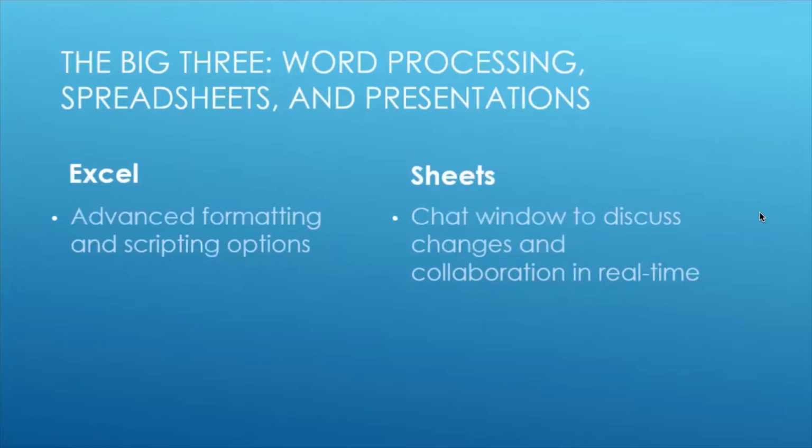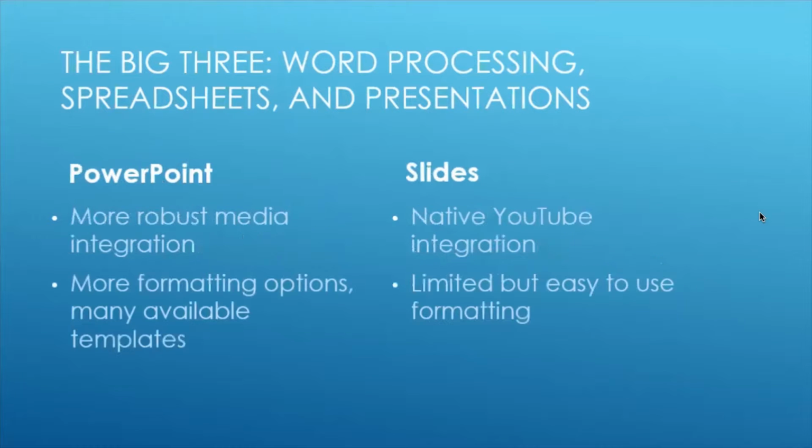So Sheets is definitely for simple data collaboration, whereas Excel is where you're going to get all those other nice integrated features and options. Going on to the third one, it's going to be PowerPoint versus Slides.